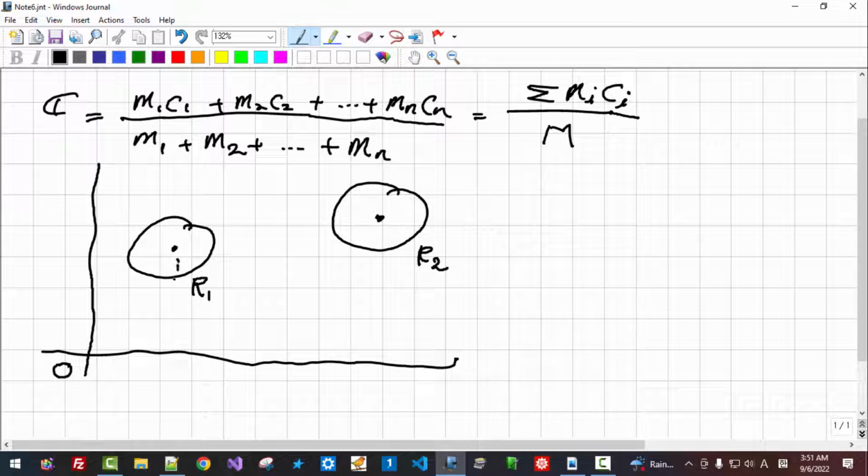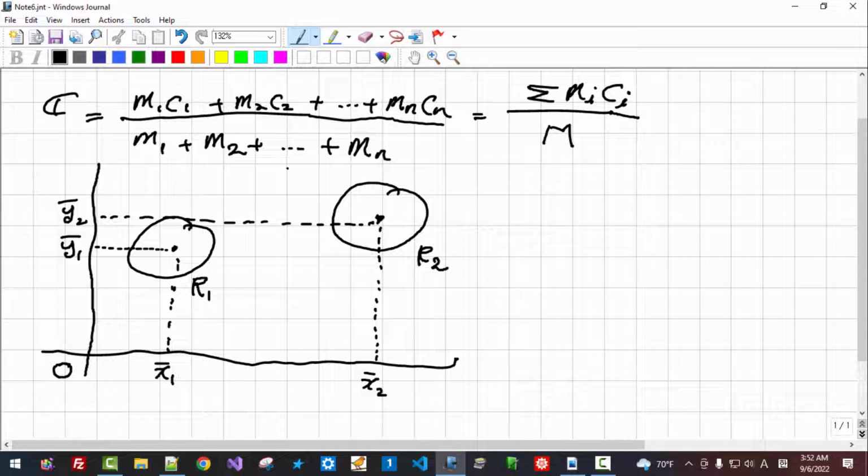Its center of mass is x1 bar. Its center of mass y1 bar. Its center of mass x2 bar. Its center of mass y2 bar. The center of mass that we are looking for is here, x bar.